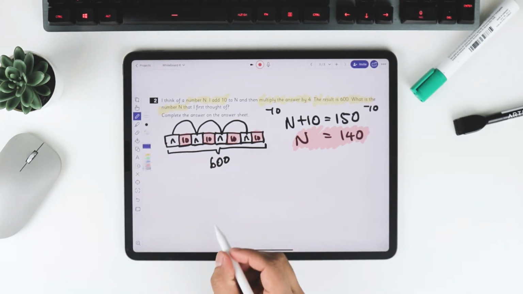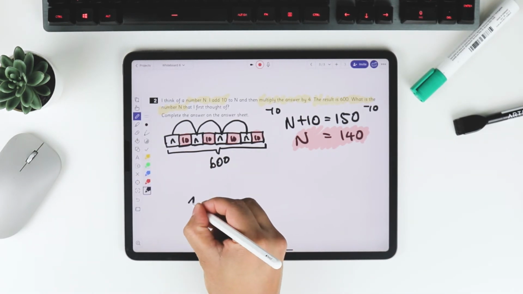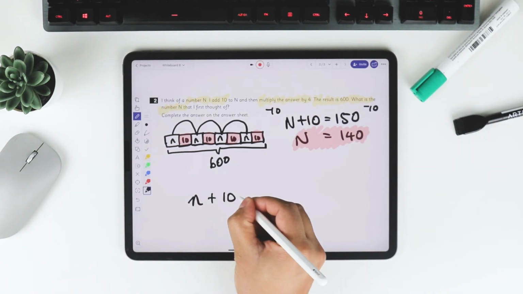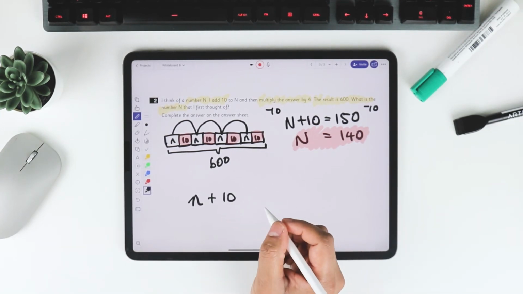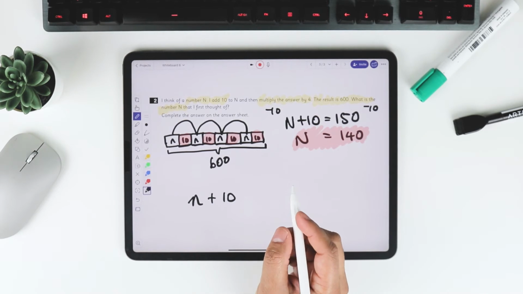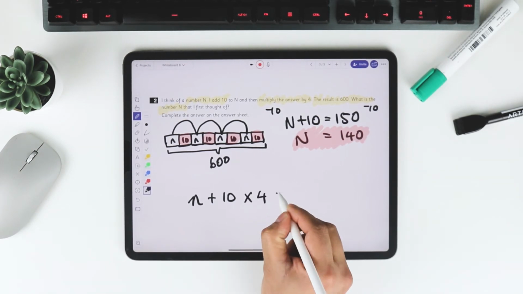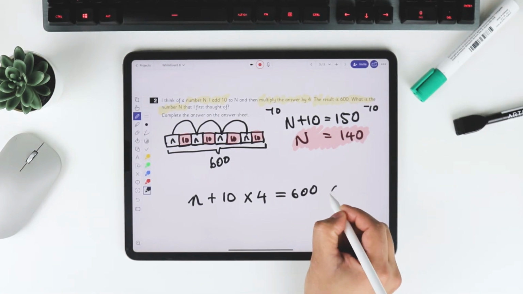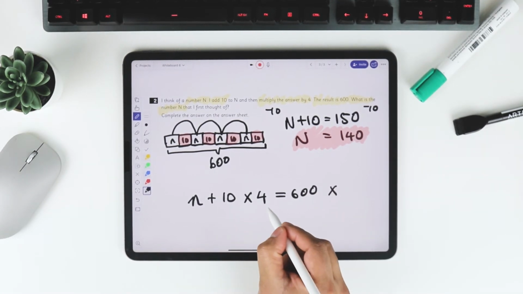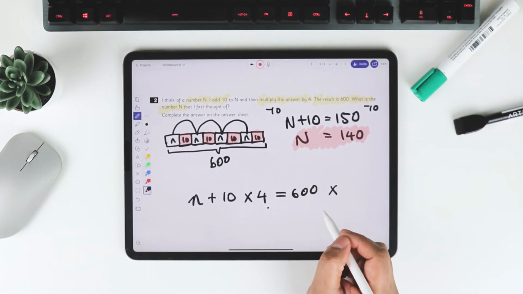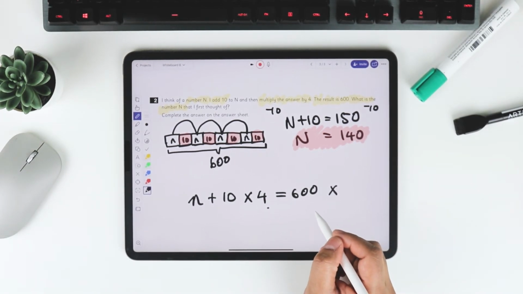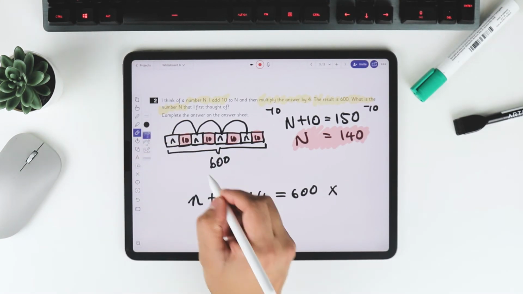So function machines, you've got n plus 10, that multiplied by 4, right? The problem here is that a lot of children just write n times 4 equals 600, and that wouldn't be right because it's 10 times 4, which is 40, n plus 40 equals 600, and then it would just not be the right way of solving this because we've done something wrong there, okay?